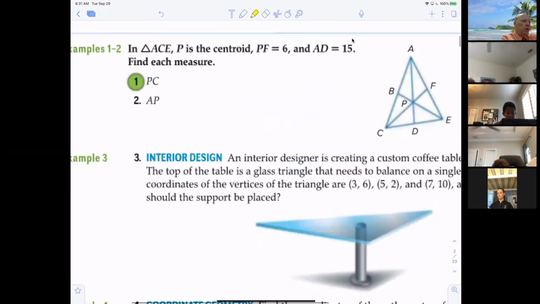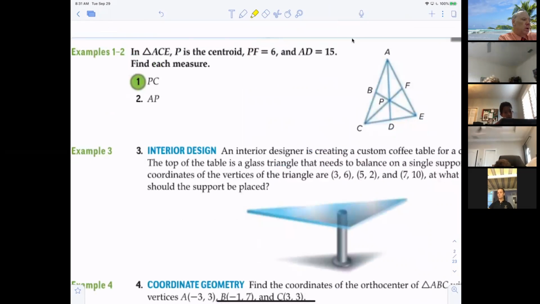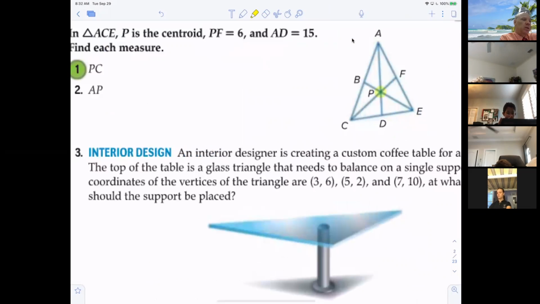Let's take a look now at 1 and 2. So P is the centroid. So automatically, as soon as P is the centroid, here's what we know. This is equal to this. These two are equal. These three are equal. This is X, and this is 2X.